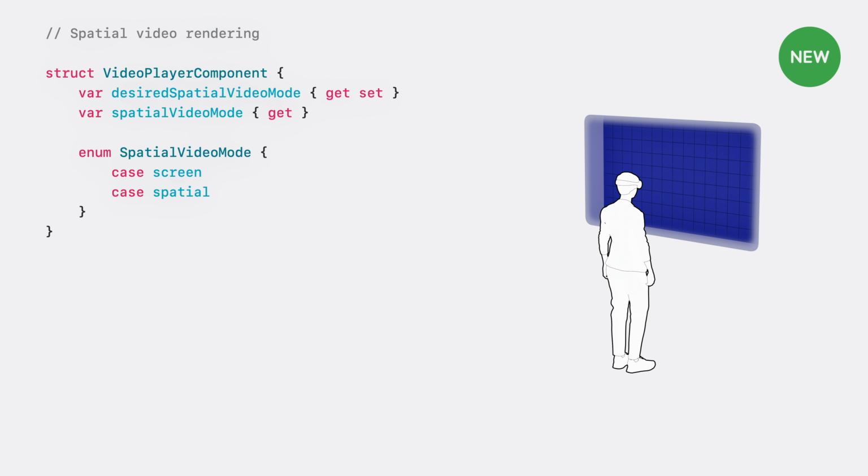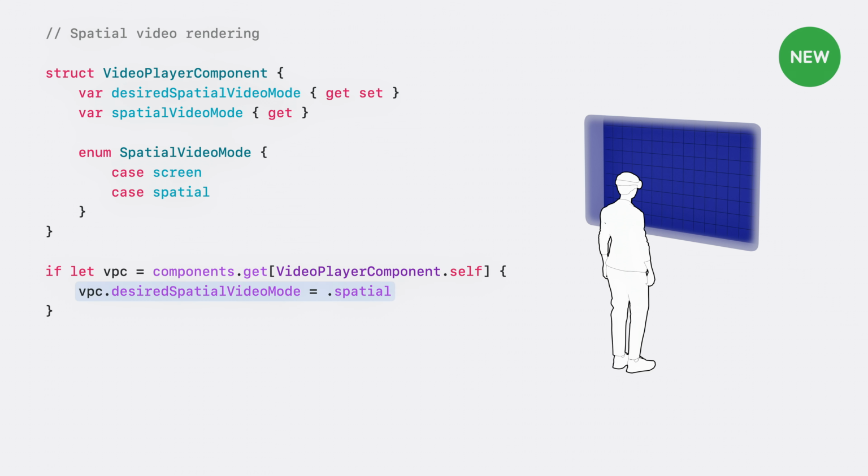Spatial styling for spatial videos is configured with the desiredSpatialVideoMode property on VideoPlayerComponent. Set this property to specify how a spatial video should be rendered. Read the get-only spatialVideoMode property to determine how a spatial video is being rendered.